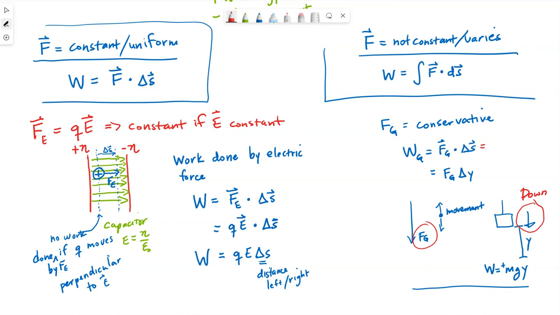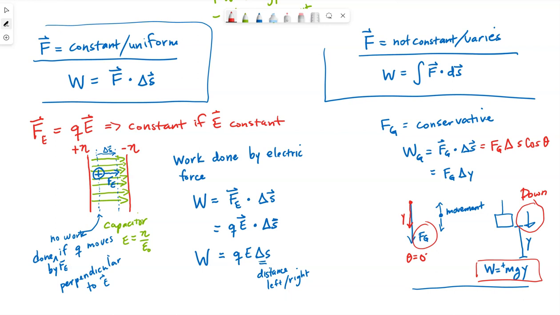We can write any dot product equation as the magnitude of these two vectors times the cosine of the angle between them. Meaning, if I drew my displacement starting at the same location that the force of gravity did, the angle between these was 0 degrees. Cosine of 0 is just 1. And so gravity did positive work as an object moves downwards.